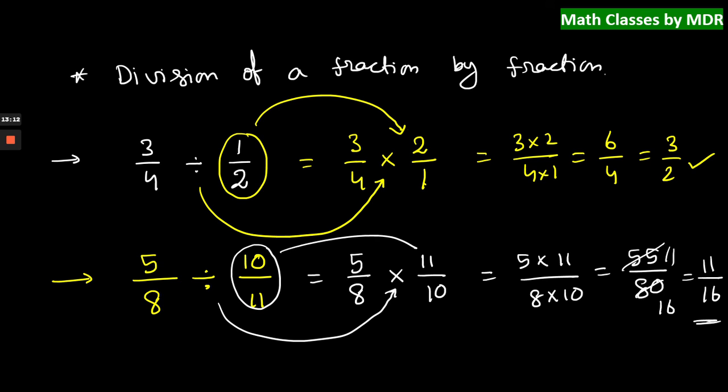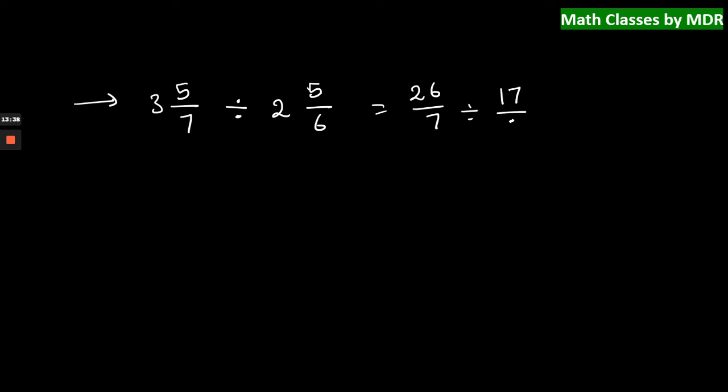Right? So the same thing when you come across mixed fractions also. Let's say that you have 3 5 by 7 divided by 2 5 by 6, let's say. So 3 into 7, 21, 21 plus 5, 26, 26 by 7 divided by 2 into 6, 12, 12 plus 5, 17 by 6. First convert them into fractions and then we have to take the reciprocal of it and the division becomes multiplication.